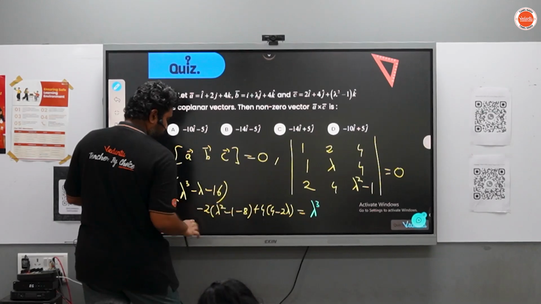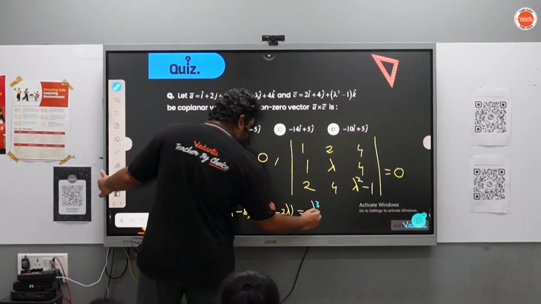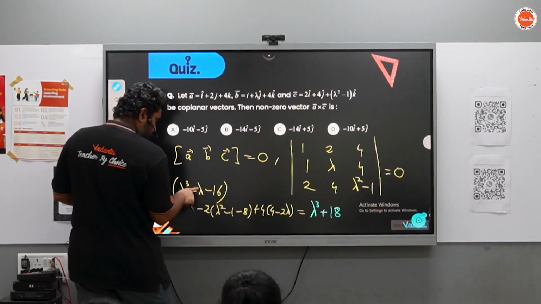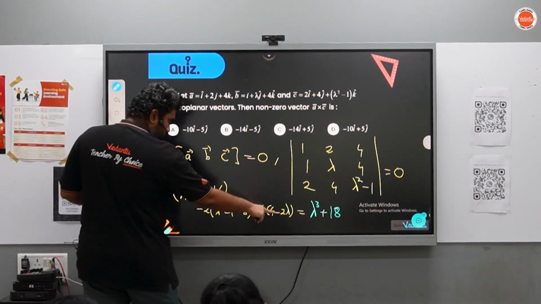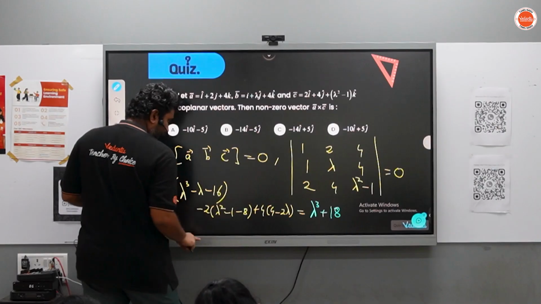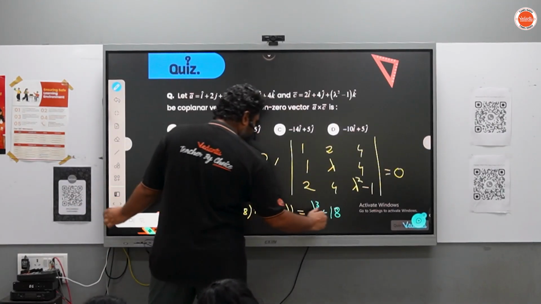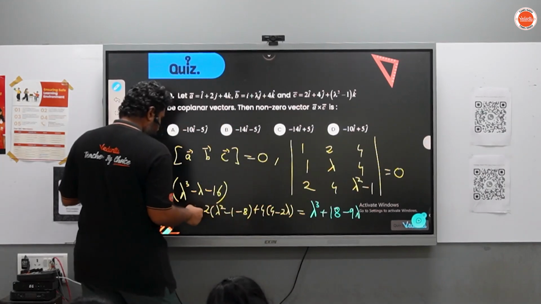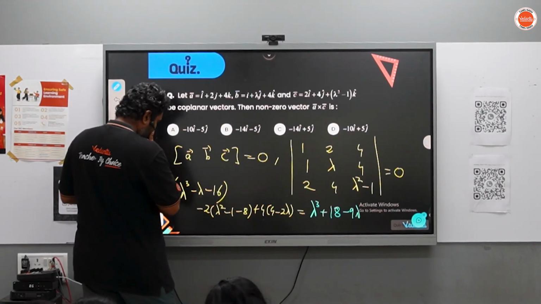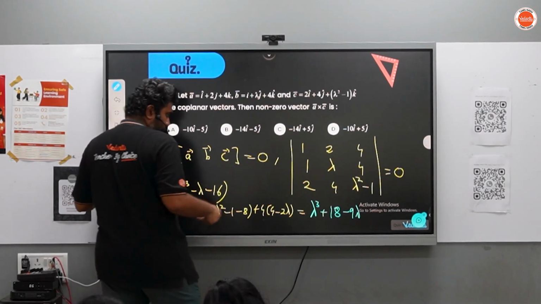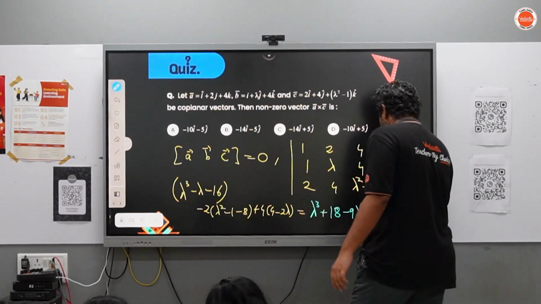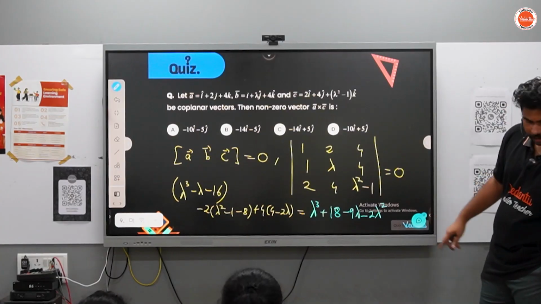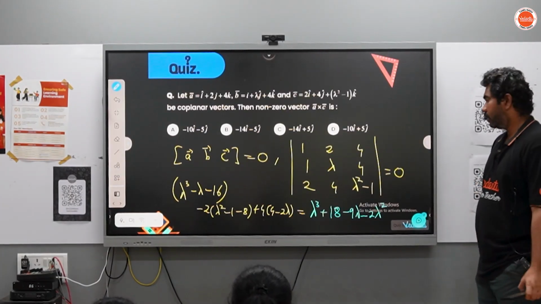Minus 16 plus 16 gets cancelled, so plus 18, minus lambda minus 8 lambda, minus 9 lambda. That's all, right? Minus 2 lambda square. Okay, did everyone get this? Okay, now you can solve.